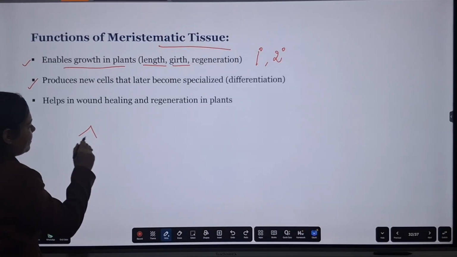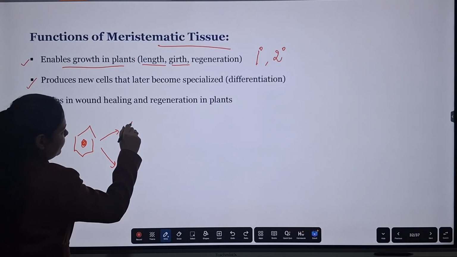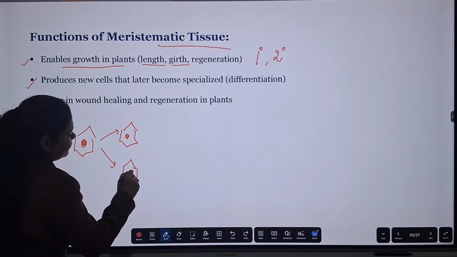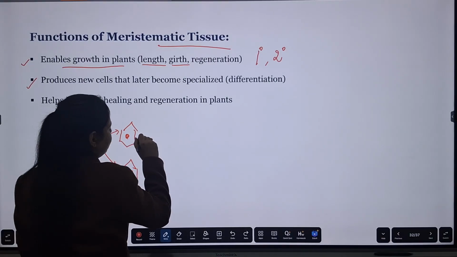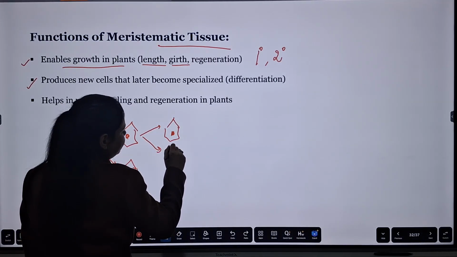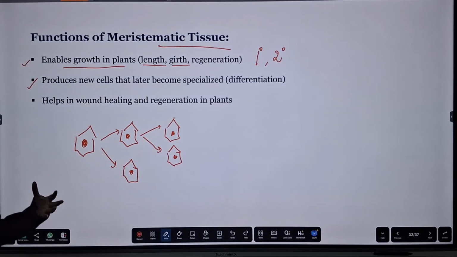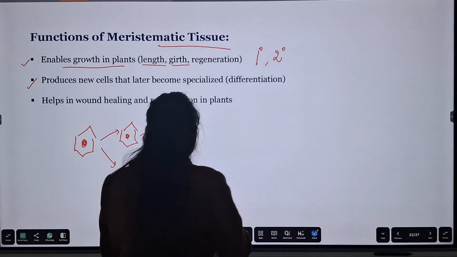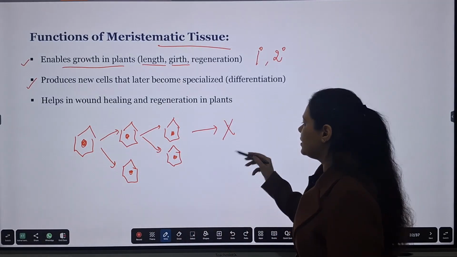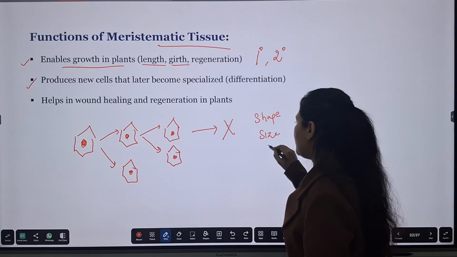So if we see a meristematic cell, it undergoes division and forms new cell. After some time, these new cells will also undergo division. But after a few divisions, some of these cells lose the capability of division. They attain a specific shape, size, and function.